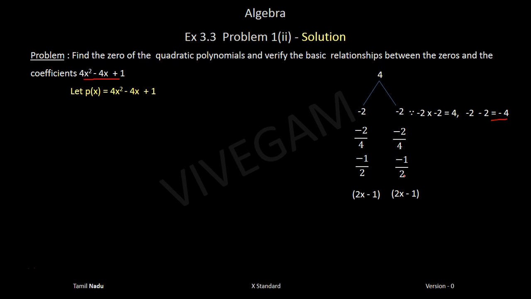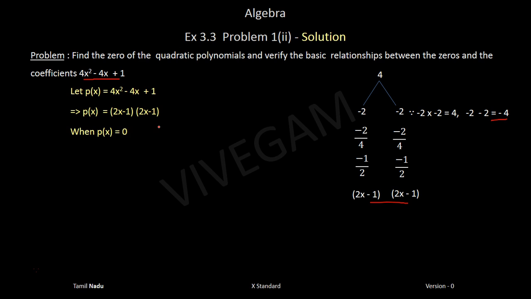So the factors will be: the coefficient of x is 2, so it is 2x, and the constant term is minus 1. Similarly, this will be 2x and minus 1. So the factors of 4x squared minus 4x plus 1 are 2x minus 1 into 2x minus 1.